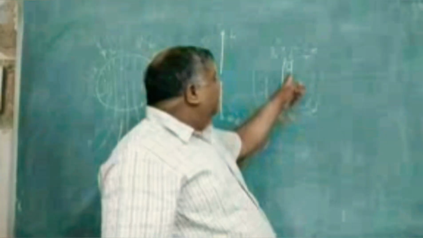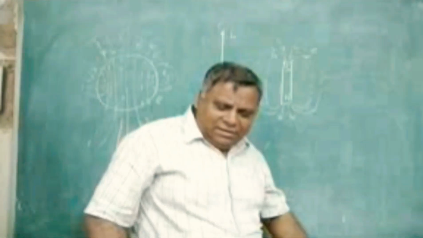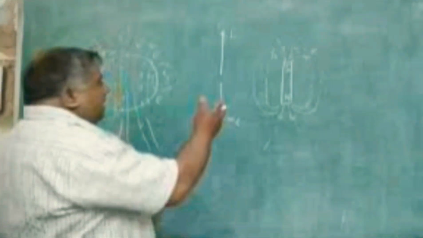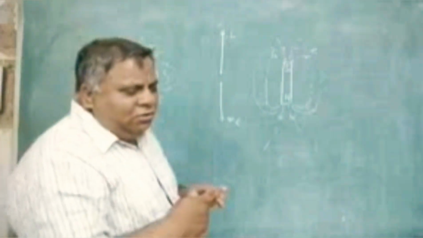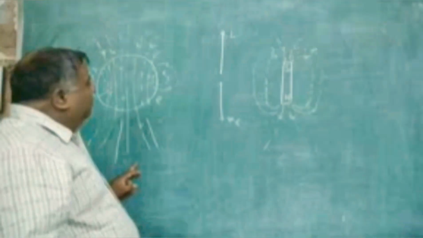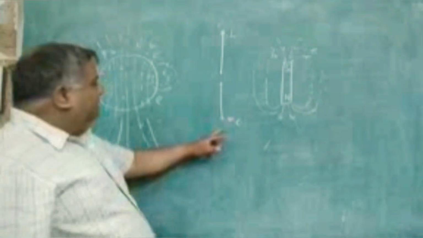One pole is here, another pole is here. So it is a dipole. If the size of this dipole is reduced, then it can resemble the field of this atomic dipole. So the magnetic moment is like this.